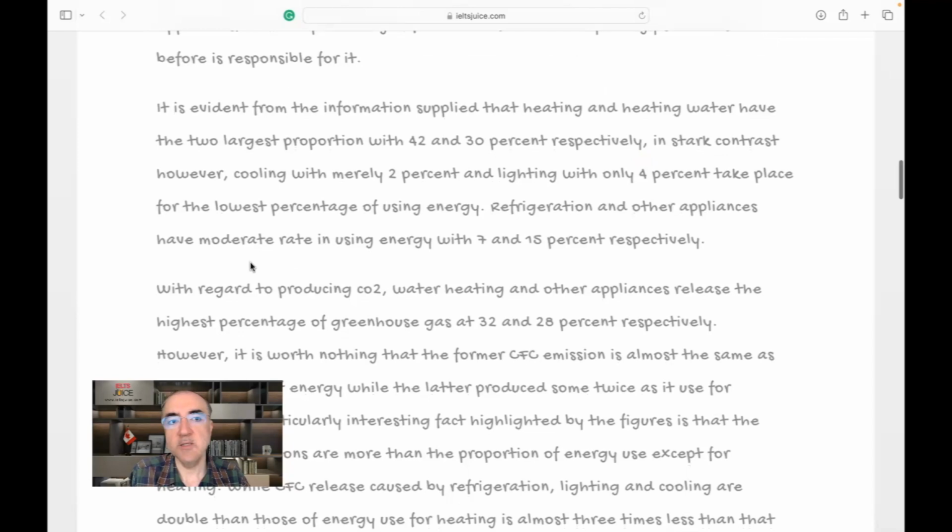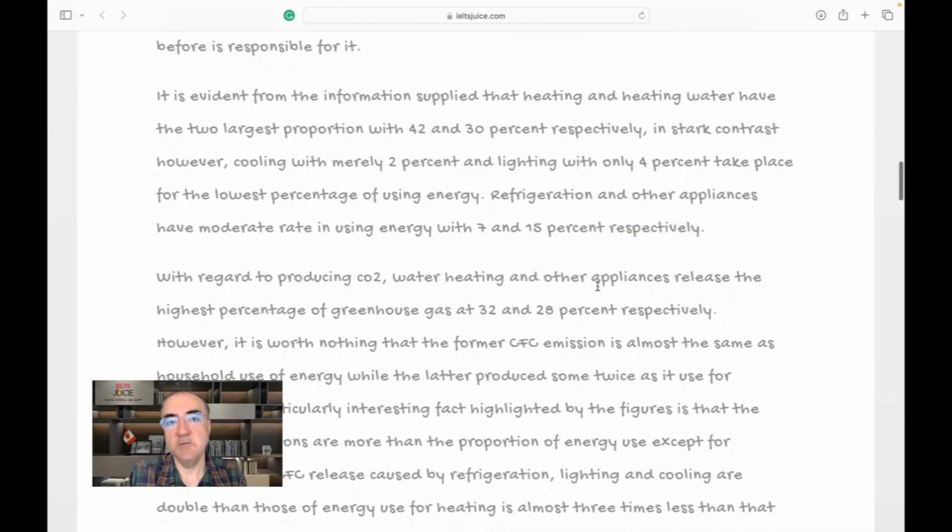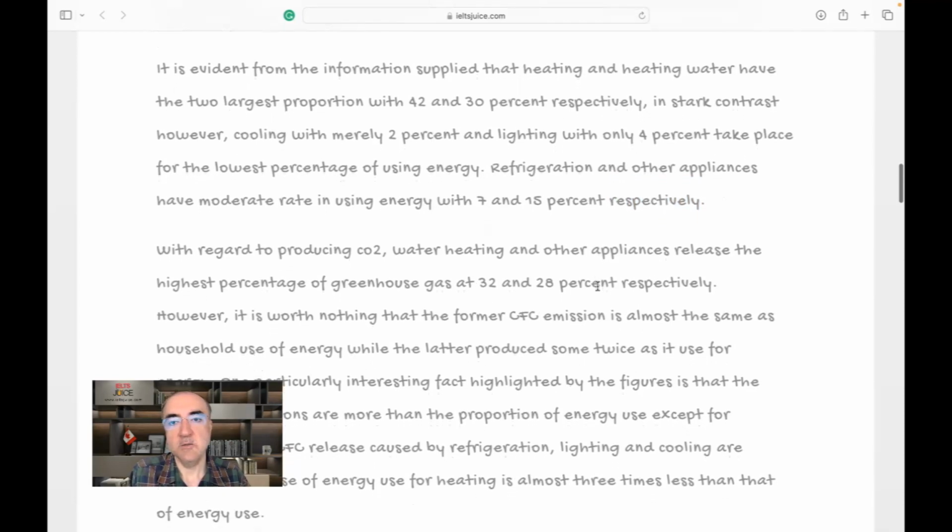Refrigeration and other appliances have moderate rates in using energy. You see, repetitive? So this one could be energy use with 7, SEVEN, and 15% respectively. Okay, this is the second time I see respectively. So, I see it more than 2 times.